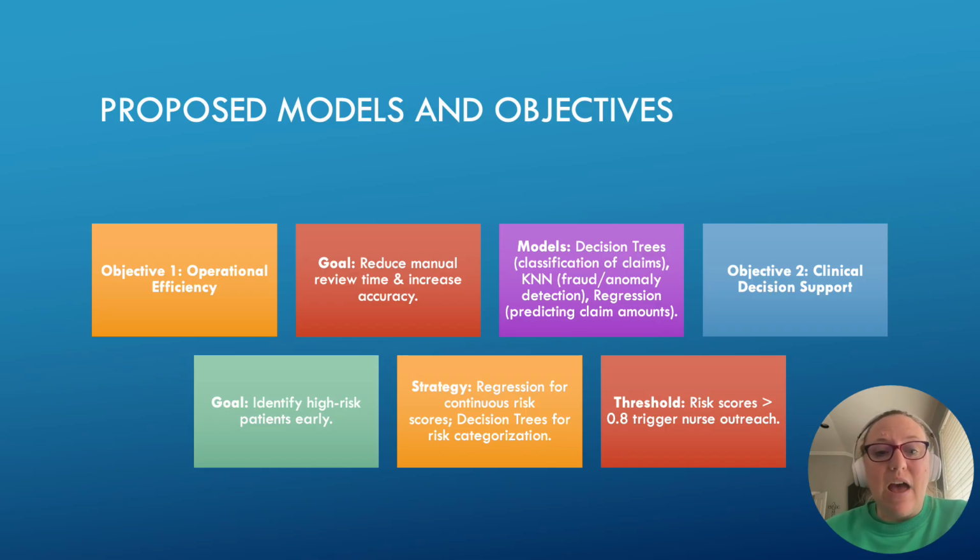On the clinical side of the house, we will utilize regression analysis to calculate patient risk scores based on variables like BMI, lab values, and chronic conditions. Patients who score above a 0.8 in the model would automatically be flagged for preventative care and nurse outreach.